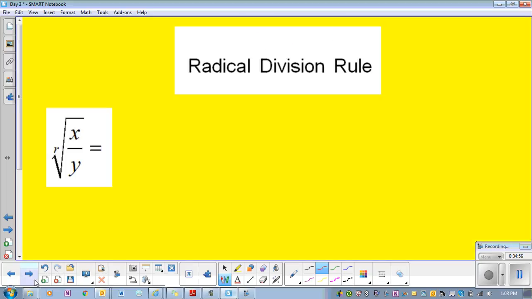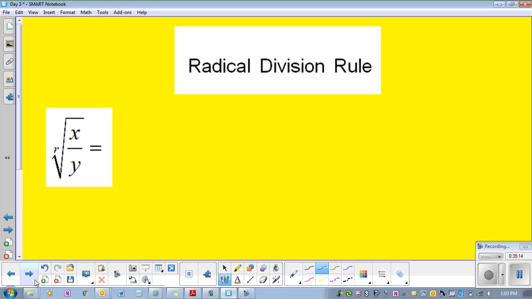All right, now let's talk about division, radical division. Okay? Alright, so if you have a fraction inside a radical, and we've talked about this before.